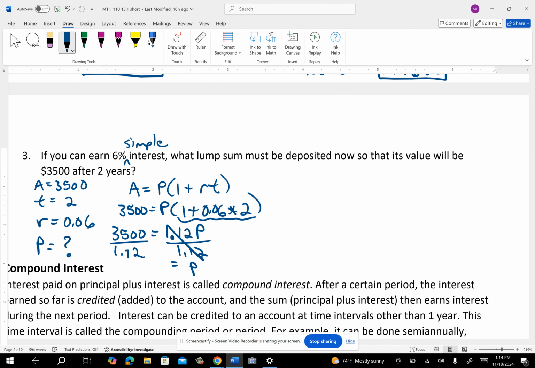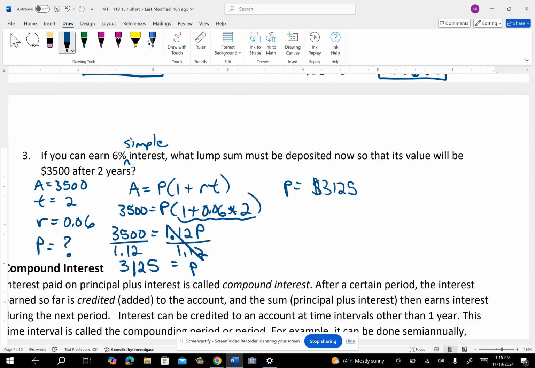And when I do that, 3,500 divided by 1.12, I wind up with 3,125.